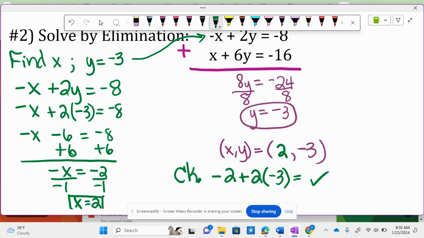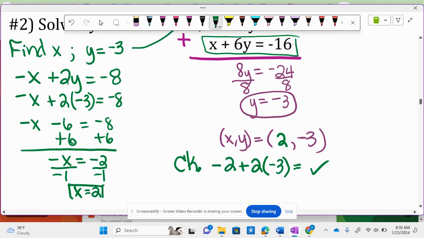Okay. What's the next one going to look like? What are we putting into our calculator? Noah, what are we putting in our calculator for the next equation? We're checking that second equation, Noah, right here. X plus 6y equals negative 16. So what are we typing into our calculator? Okay, well, pick up your calculator and work with me, okay? You got it?